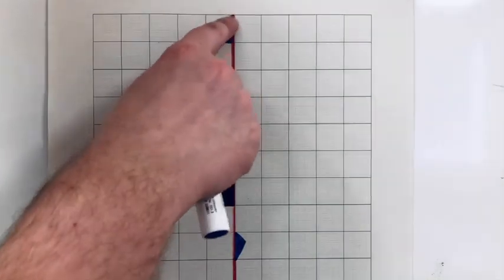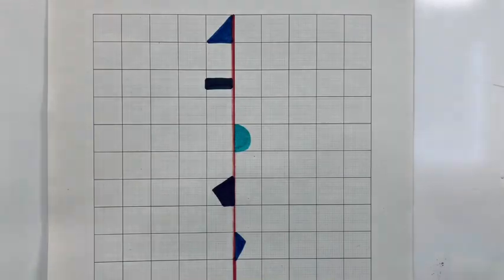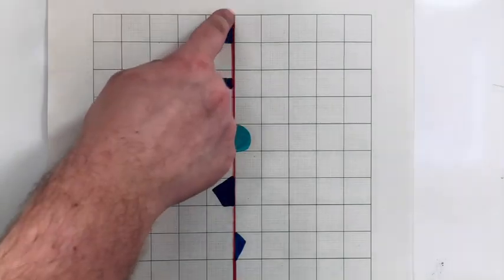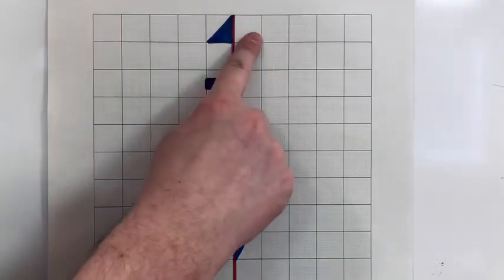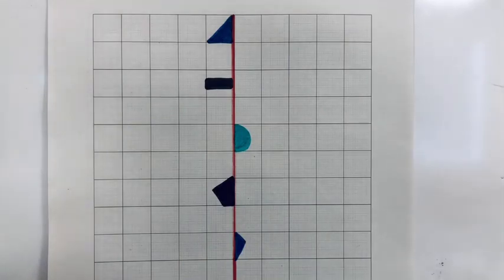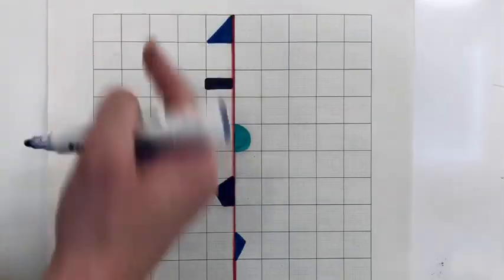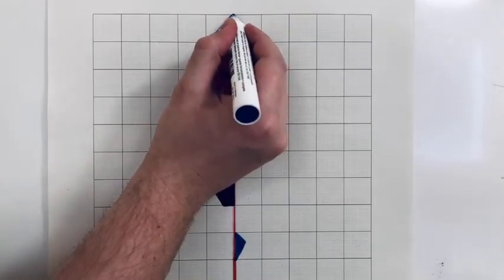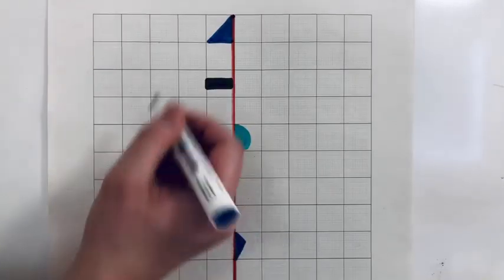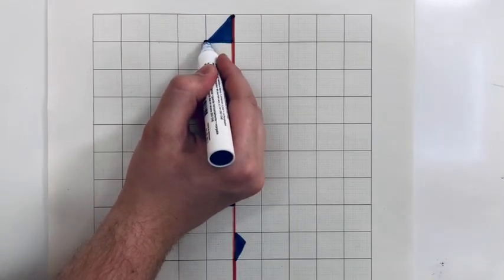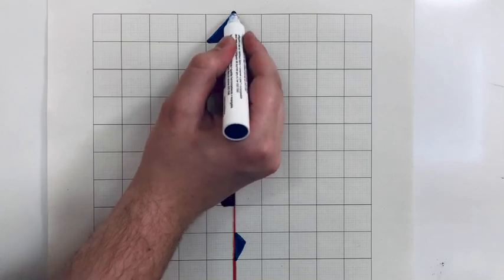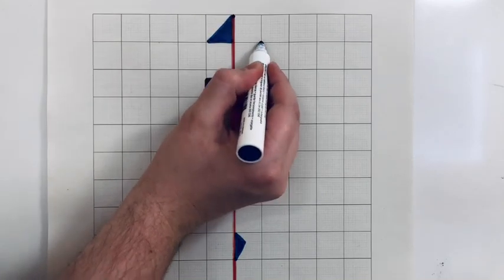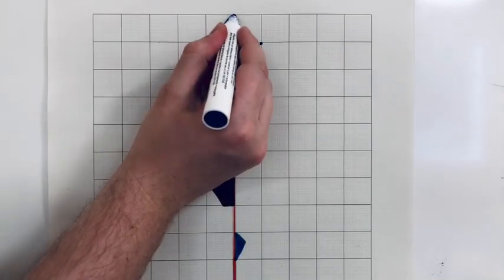Here I have a triangle. I need to make this shape the same on this side. I'm using my grid to help. The shape starts at the top here. This goes out one length of the square to here. So this must come out one length of the square to here.